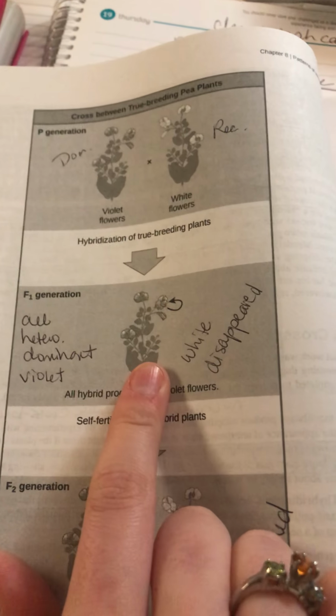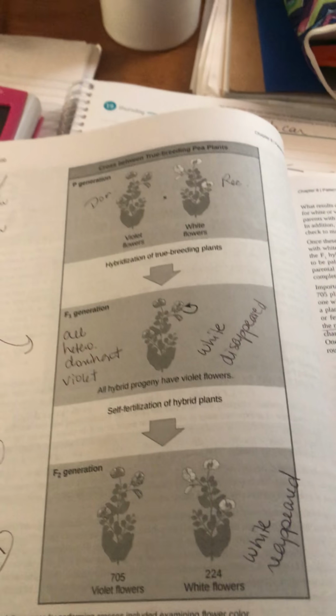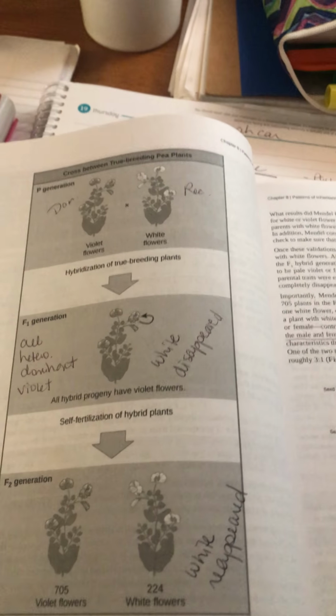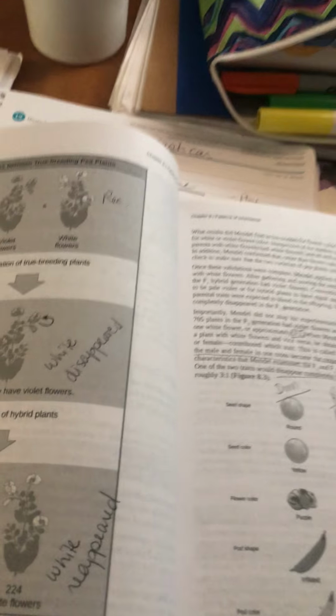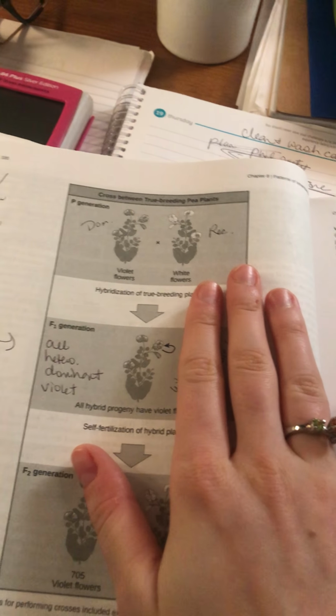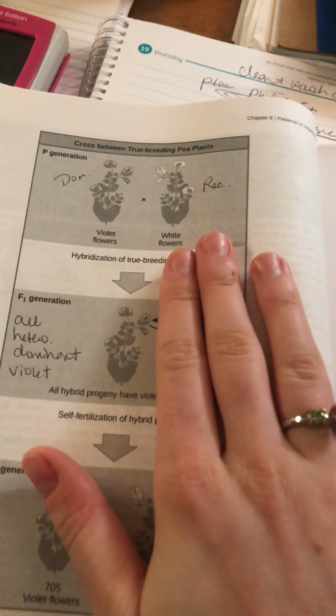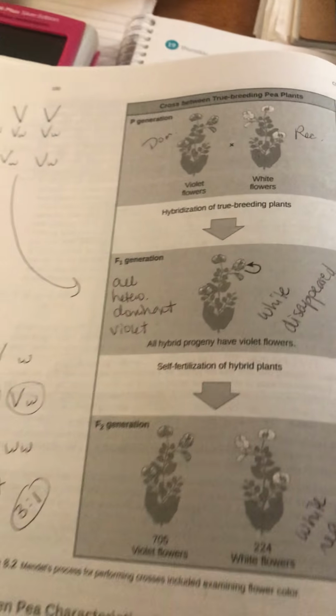So in this specific one, and this pattern will always happen when we're talking about complete dominance or incomplete, but we'll get to that. I haven't defined that, so I won't say that. Whenever we're talking about these true breeding plants being crossed, this is always going to be the outcome.